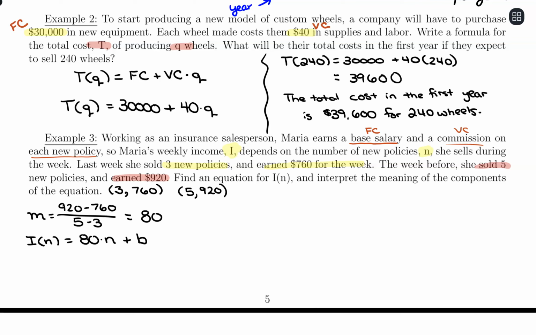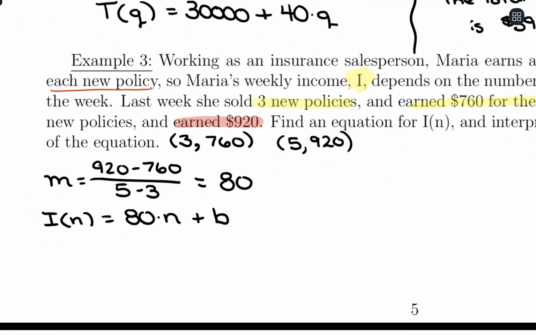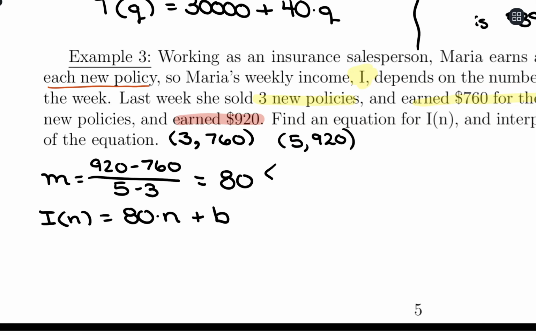Now to solve for our y-intercept, what we can do is take one of our coordinates and plug it in. And it doesn't matter which one you use, either is fine. So I'm going to go ahead and plug in 760. So we have an income of 760 equals 80 times our n value of 3, and then plus our unknown b.